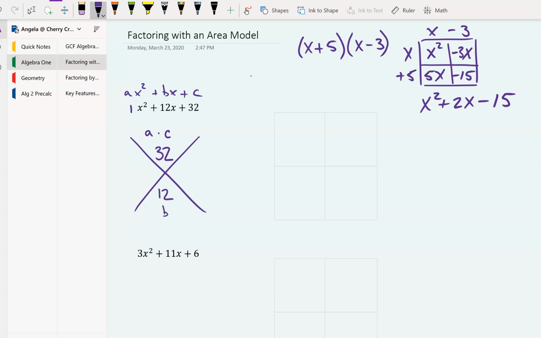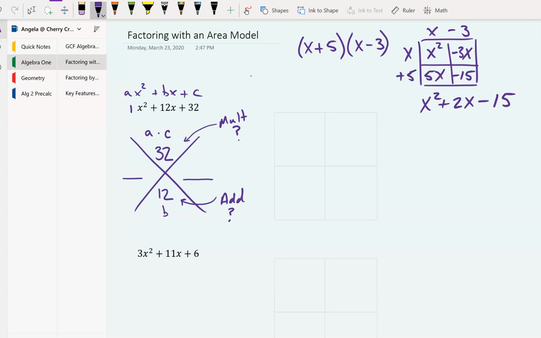What we're going to try and do for factoring with our area model, and this is also the first step when factoring by grouping, is to find two numbers that multiply to be 32 and add together to be 12, a positive 12.